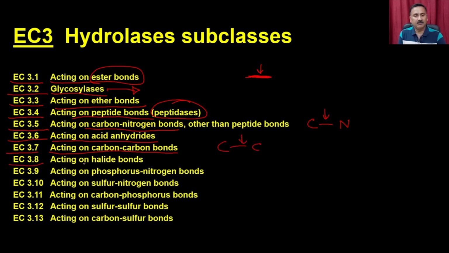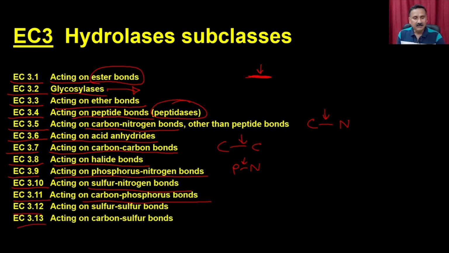Then we have EC 3.6, the enzymes which act on acid anhydrides. Then EC 3.7, the enzymes which act on carbon-carbon bonds. Then EC 3.8, the enzymes which act on halide bonds. And then EC 3.9, which act on phosphorus-nitrogen bonds. And then EC 3.10, the sulfur-nitrogen bonds. Then EC 3.11, which are carbon-phosphorus, and so on.